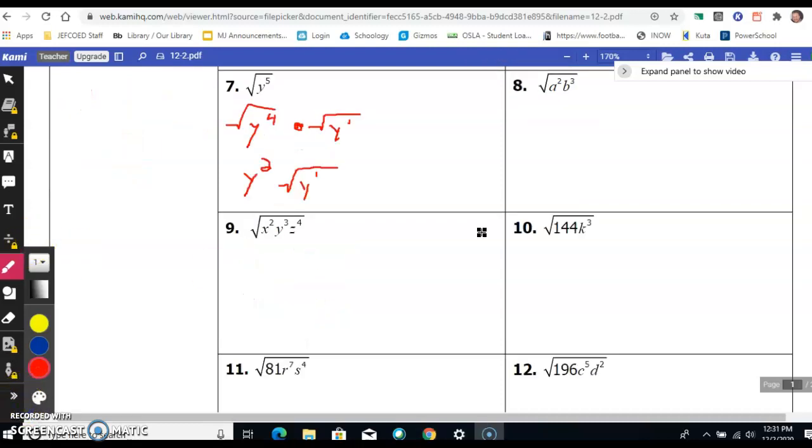Now, looking here at number 9, guys, there's always a question that I tell you to ask yourself. You're going to ask yourself, can I take the square root of each value? So looking here, can I take the square root of x squared? Yes. Can I take the square root of y to the 3rd?